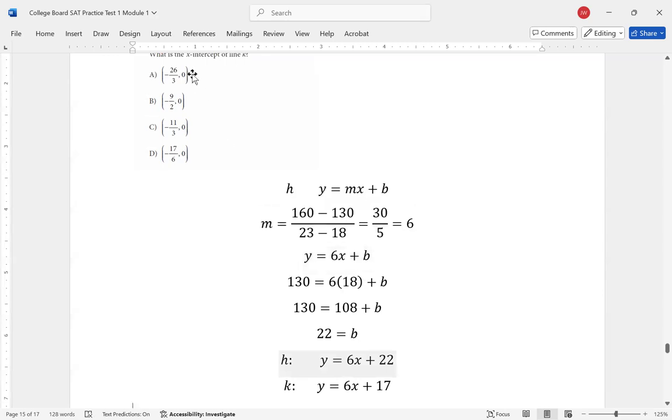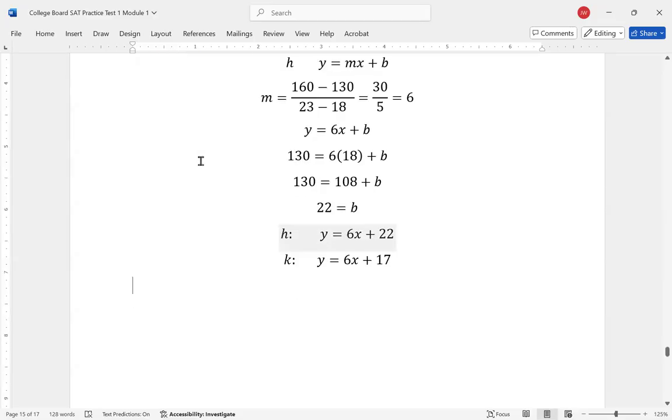And now I just need to test out points. Plug in various points and see which ones of these work. So for instance, A is negative 26 over 3 comma 0. If we're plugging in point A, again, this is into the second line here. What we would do is plug in 0 for y and then plug in negative 26 over 3 for x.